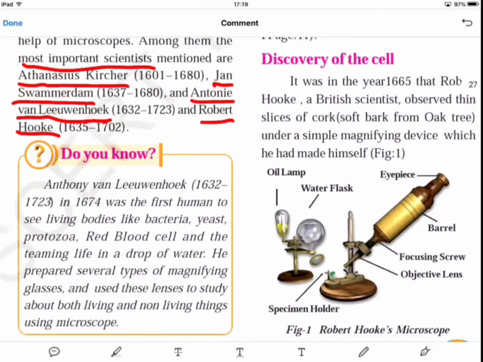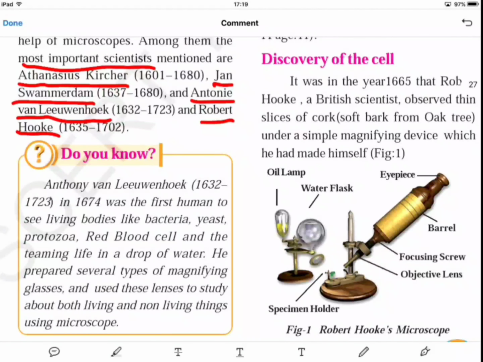He prepared several types of magnifying glasses and used these lenses to study both living and non-living things using a microscope. As I said, he is one of the scientists who contributed towards microbiology. He was the first person to see life in a drop of water, like bacteria, yeast, protozoa, RBC, etc.